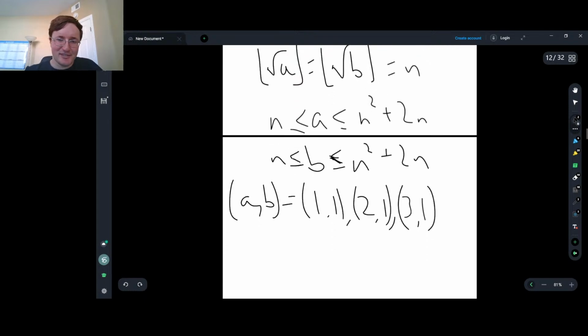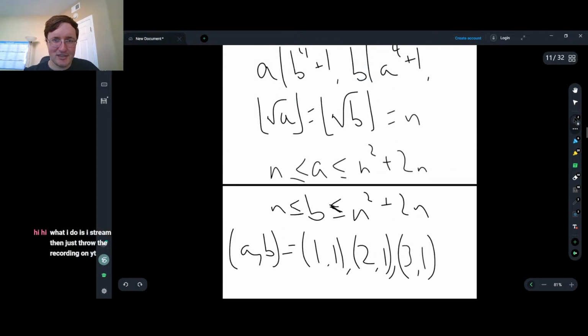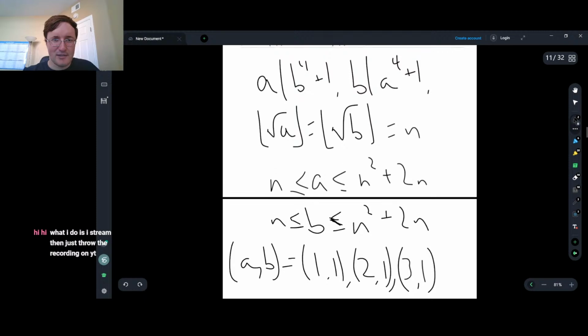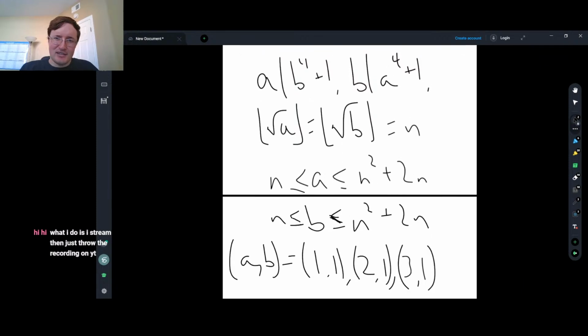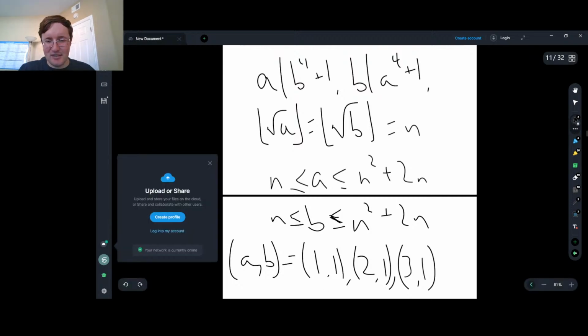But maybe those are all the solutions up to permutations. Because, well, b divides... I mean, I could do something like a divides a to the fourth plus b to the fourth, or something. Would that be helpful? I don't know.